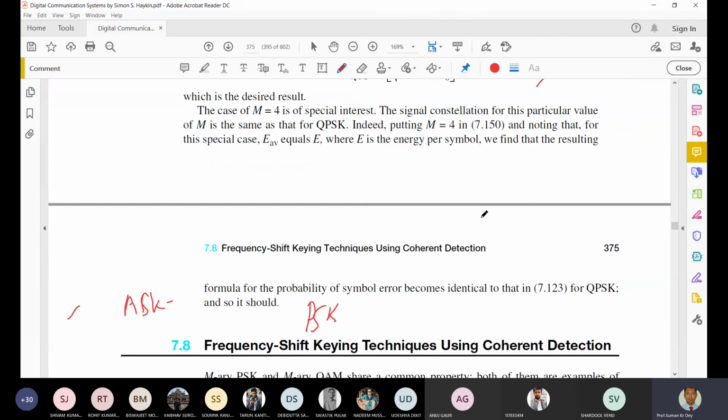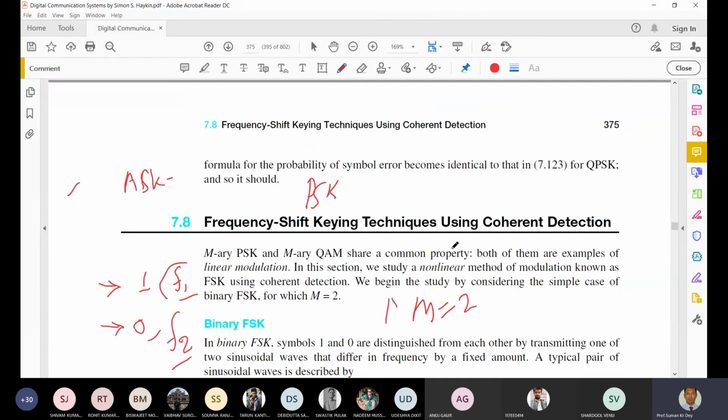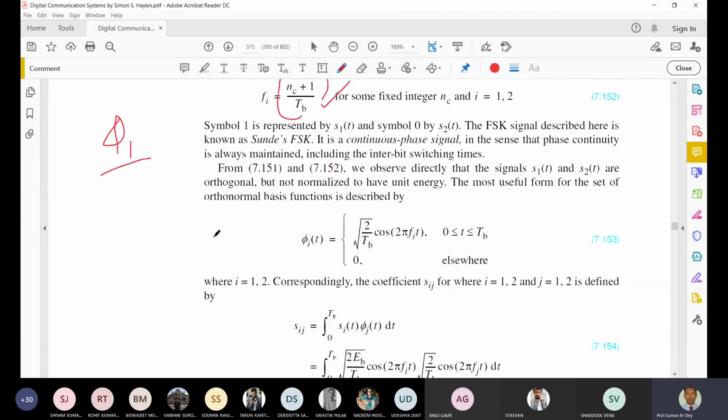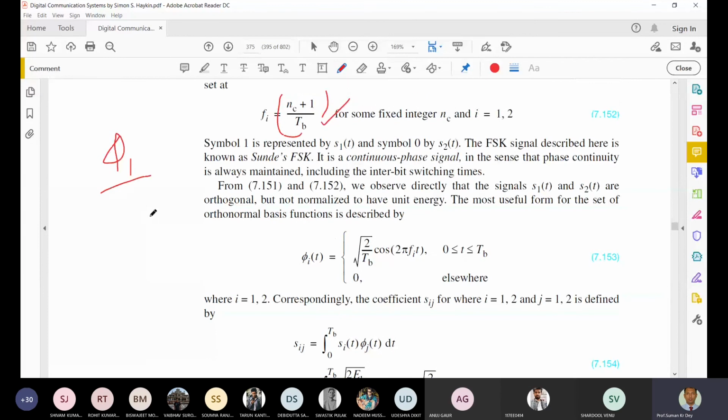So when we are discussing the non-linear modulation technique FSK, we will take 2 basis functions. The formula for the basis function is this. They are orthonormal. What is the meaning of orthonormal function? If we multiply phi 1 with phi 1, it will give us 1.